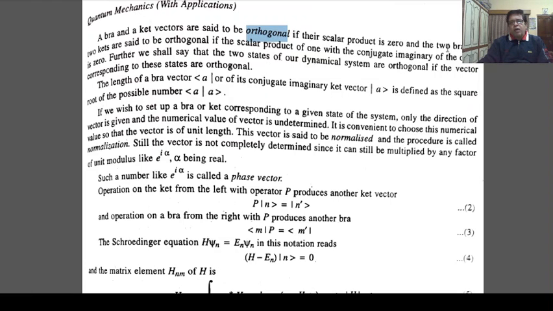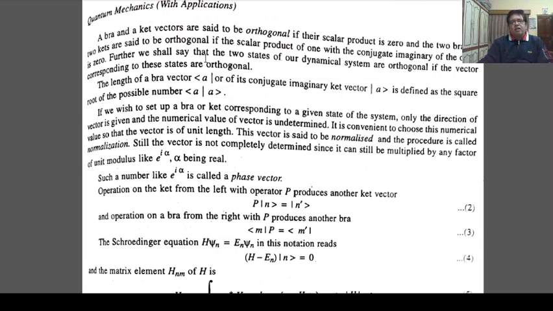The two bras and two kets are said to be orthogonal if the scalar product of one with the conjugate imaginary of the other is 0, a very important point to be noted.